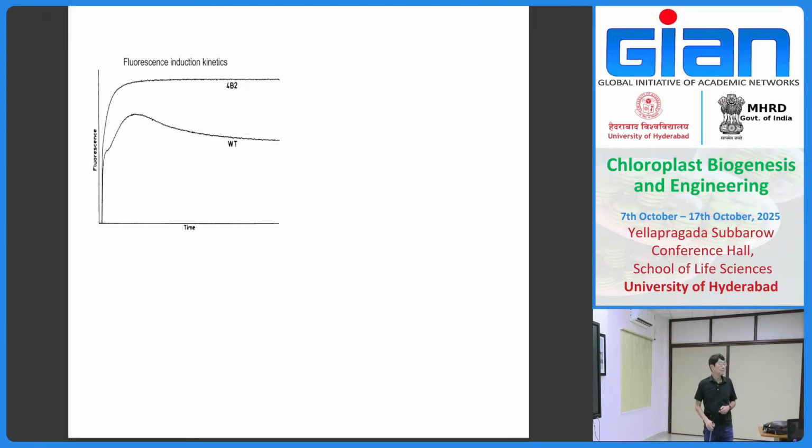So another phenotype, the activity of the transformant. We measured the fluorescence induction kinetics. I think you did some laboratory course this time, PAM measurement, okay? So this is Chlamydomonas fluorescence induction kinetics. The time is about 2 seconds.